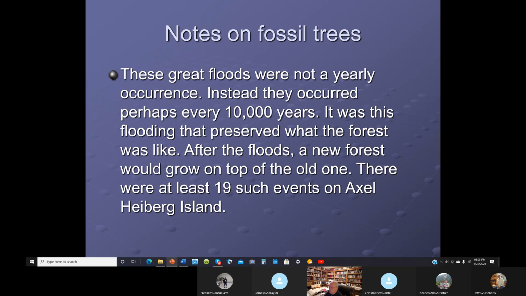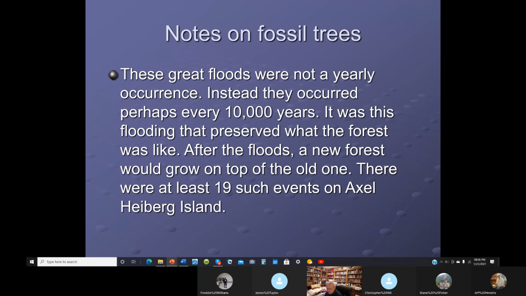After the floods, a new forest would grow on top of the old one. There are at least 19 such events on Axel Heiberg Island. So they say we have these layers, and there's another layer on top, and a layer on top of that. And so they say there were at least 19 such events.